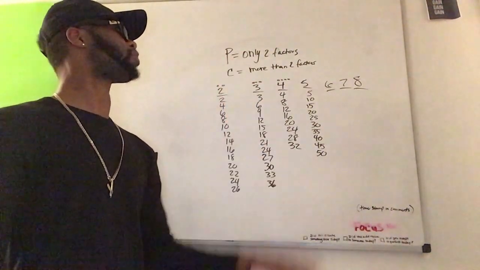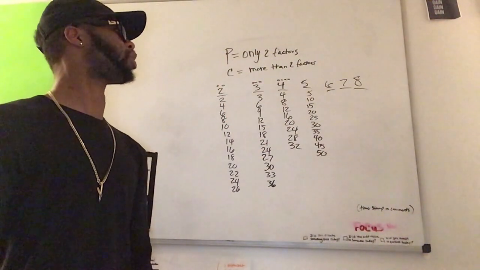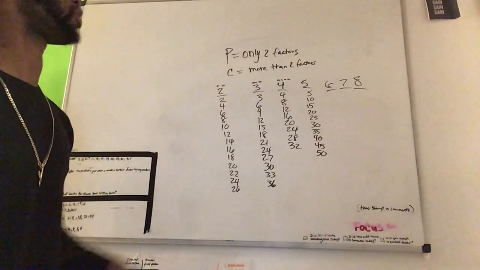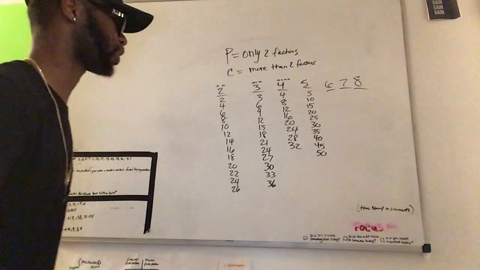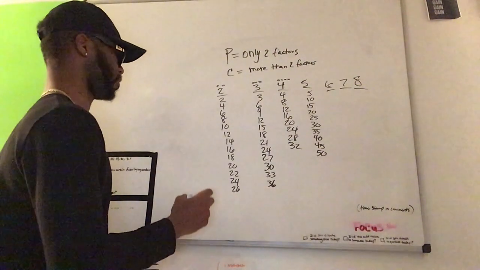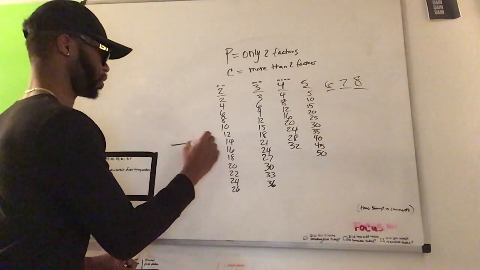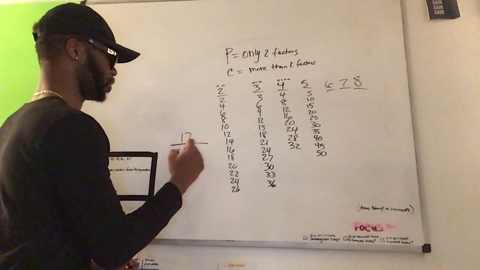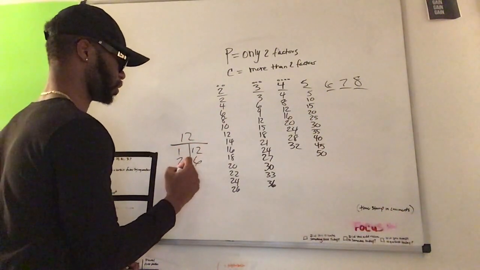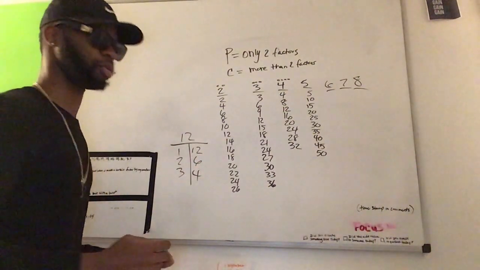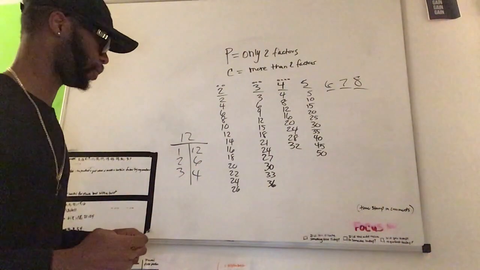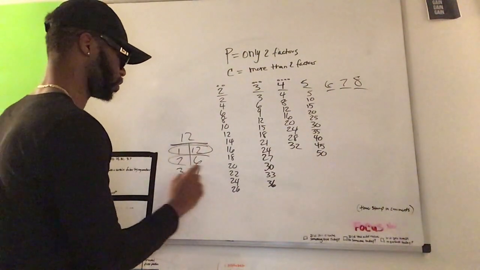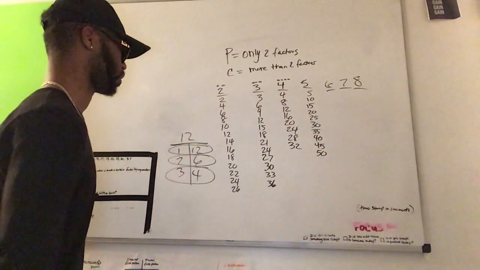Knowing that prime numbers only have 2 factors, and composite numbers have more than 2 factors. Also, just remembering, for example, 1 times 12, 2 times 6, 3 times 4. Remembering what factor pairs are. Pairs have to do with groups of 2s, so that's 1 pair, 2 pairs, 3 pairs.